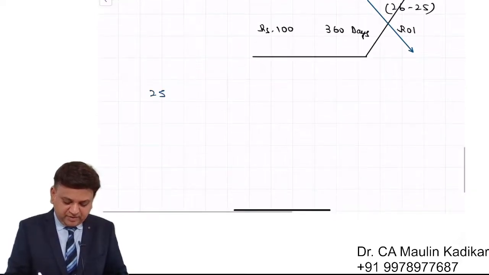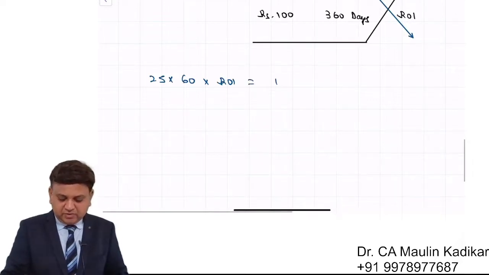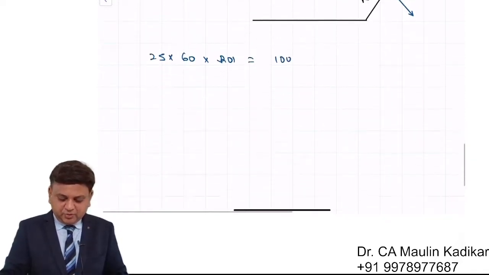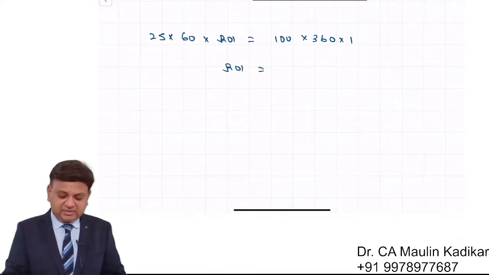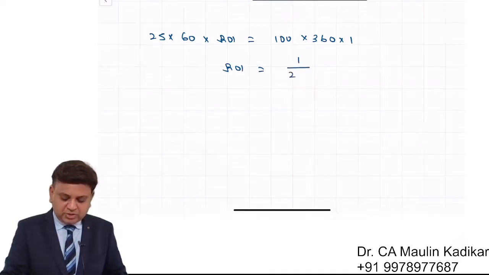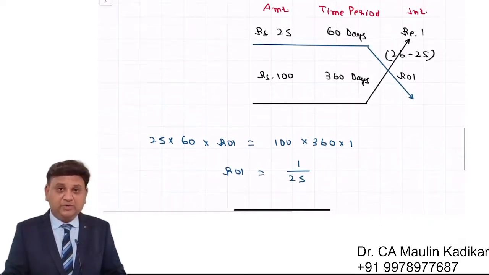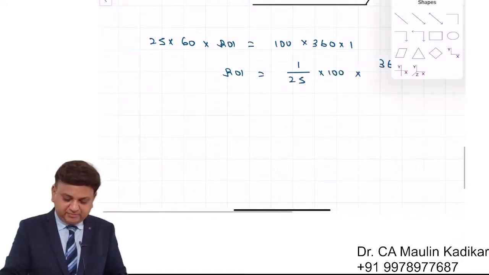So ROI is equal to, basically it is like this, 1 upon 25. So cost is 1 rupee for using 25, into 100 into 360 divided by 60.